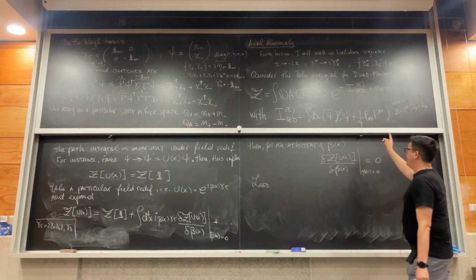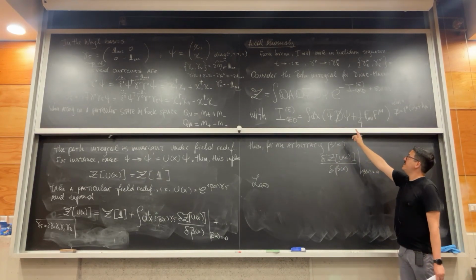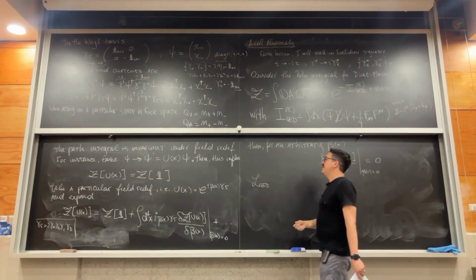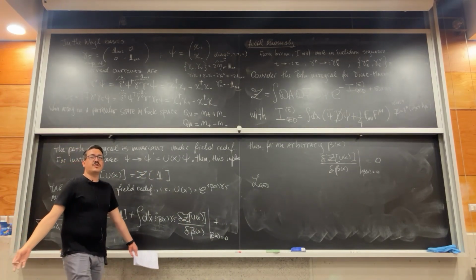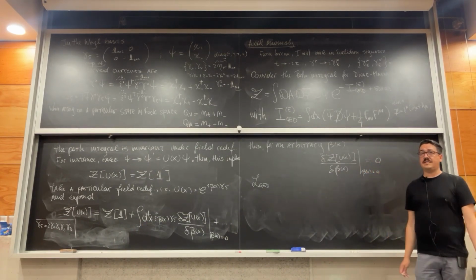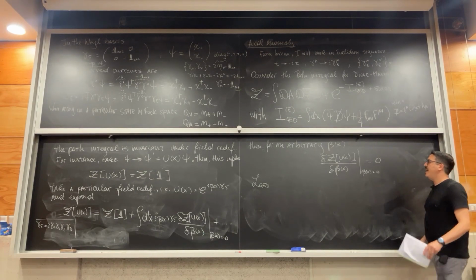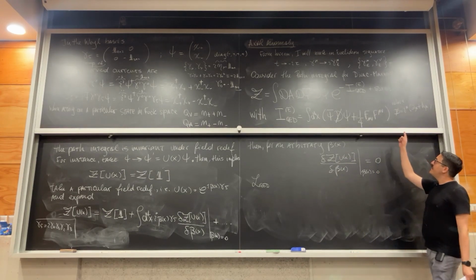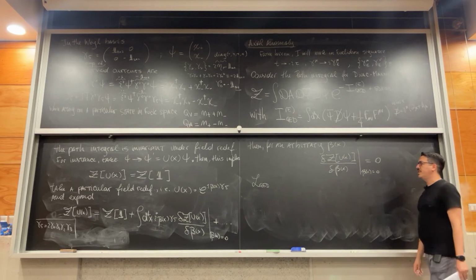F mu nu remains invariant, and now we have this piece, but this piece, when I include a local U1 axial transformation, doesn't remain invariant because I do not have any gauge field for the U1 axial transformation. This is not the case, for instance, if I would have considered the U1 vector transformation. In such a case, the action does remain invariant, but in the case of the axial one, it does not.